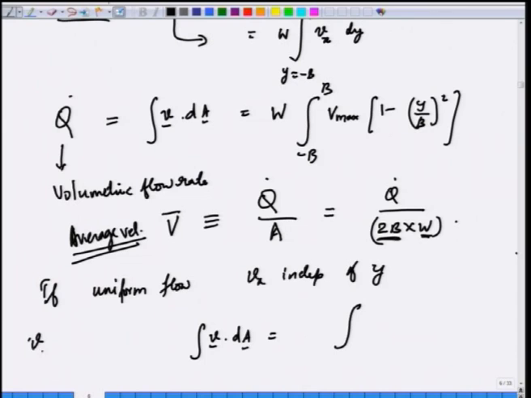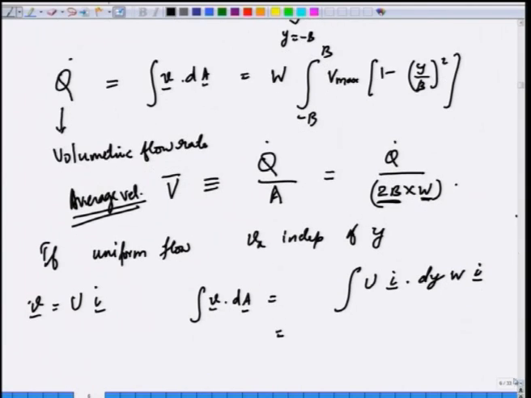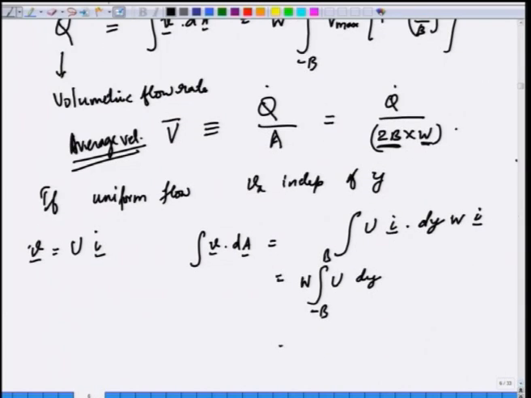If V is simply a constant in the x direction, you have u I dot dA, which is nothing but dy W I. So this is the integral of u dy, with y going from minus b to b. This is nothing but u times 2b times W.